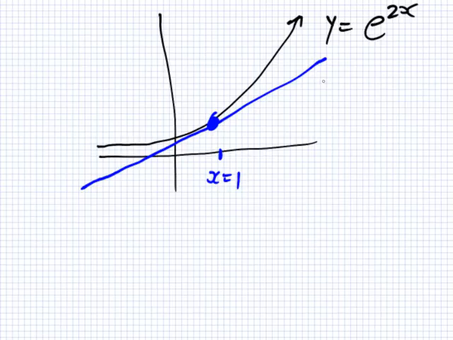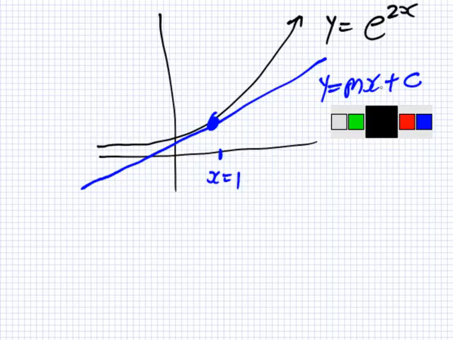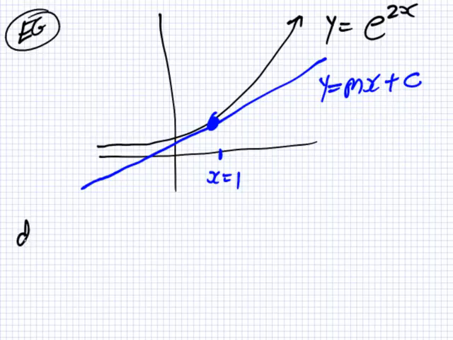So the equation of a tangent line, or the equation of any line, is y equals mx plus c. Right? We know how to find the m. How do we find the m? Derivative. So, who remembers what the derivative of this is?